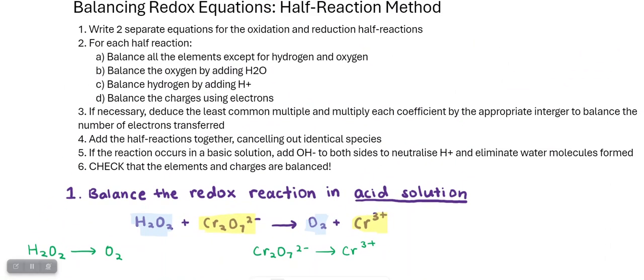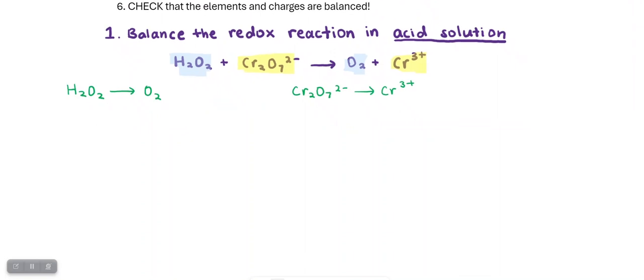The second step, 2a, says balance all the elements except hydrogen and oxygen. So for the equation on the left, we don't have any elements other than hydrogen and oxygen, so we're going to skip that step. That step is done for now. For the reaction on the right side, we have two chromiums here, but only one chromium here.